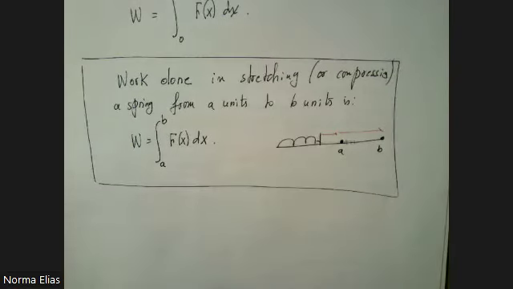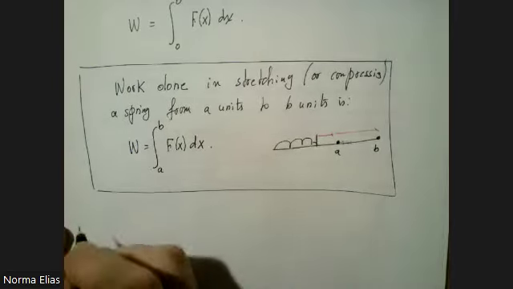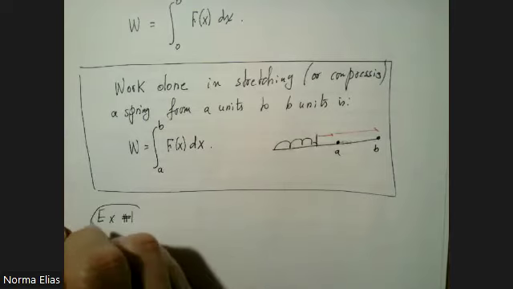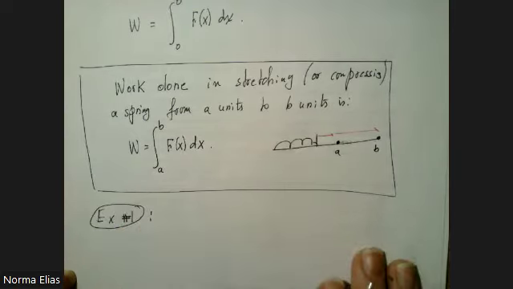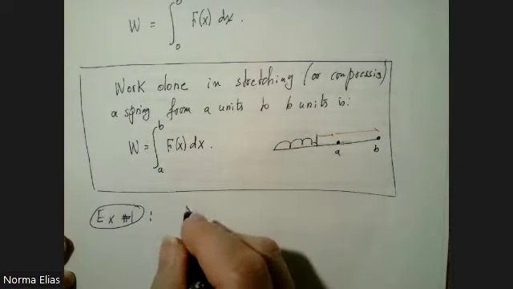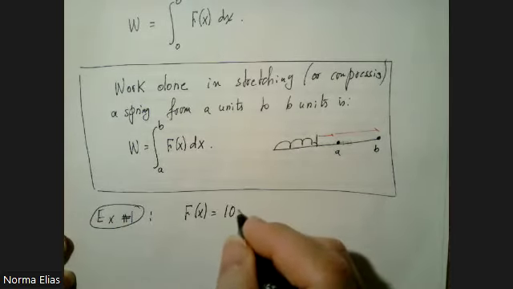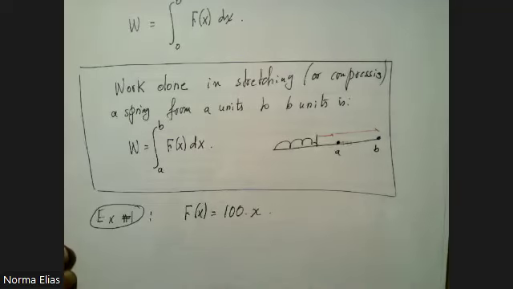So problem number 1 is a very straightforward, direct problem. Suppose I tell you that f of x, the formula for the force, is 100x, based on the previous problem I did.